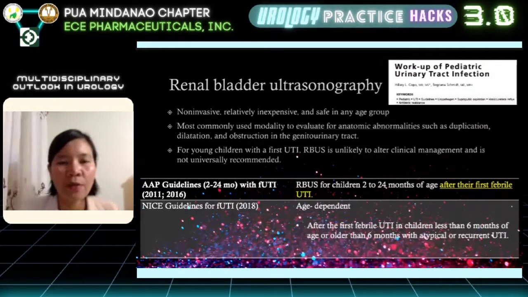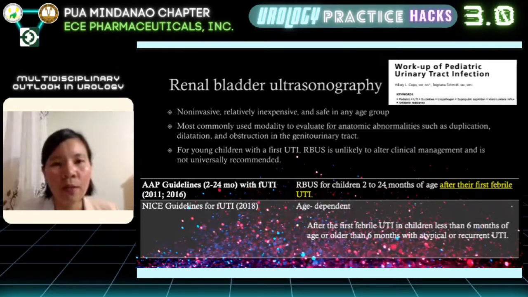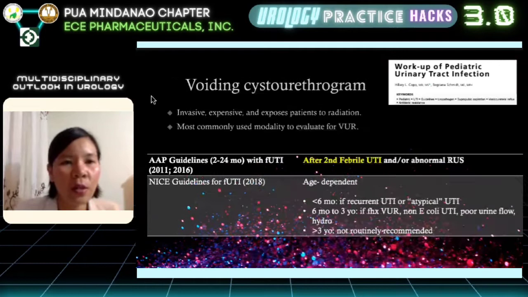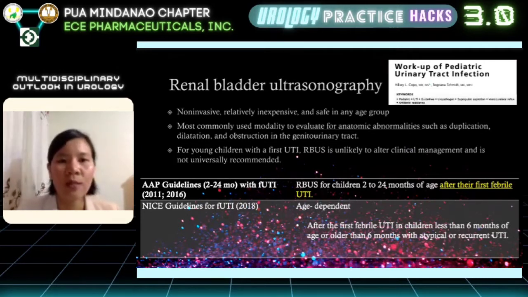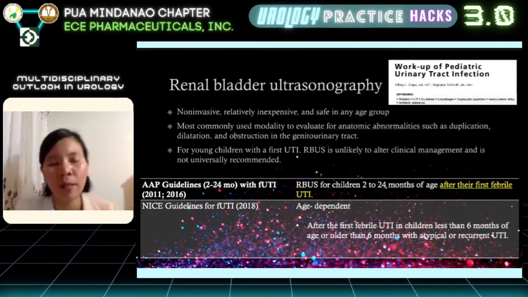So, a summary of the diagnostic tools in patients with pediatric urinary tract infection. Renal bladder ultrasound is non-invasive, relatively inexpensive, and safe in any age group. It is the most common modality used to evaluate anatomic abnormalities such as duplication, dilatation, and obstruction in the genitourinary tract system.